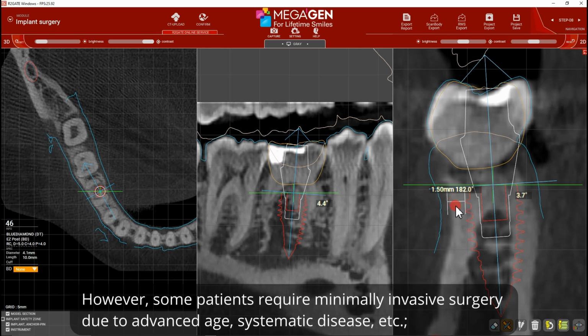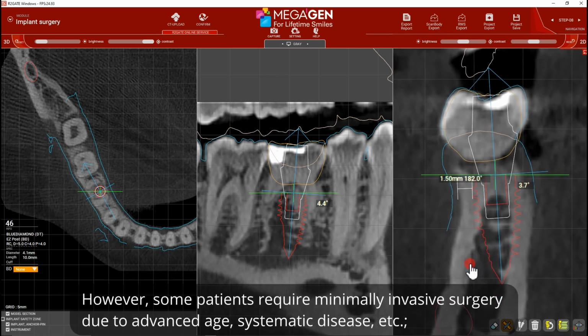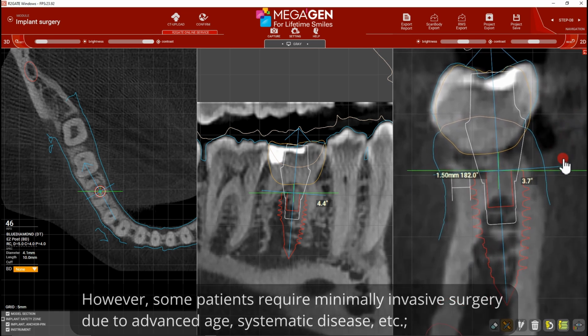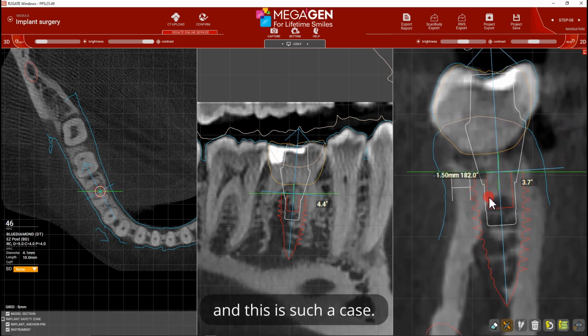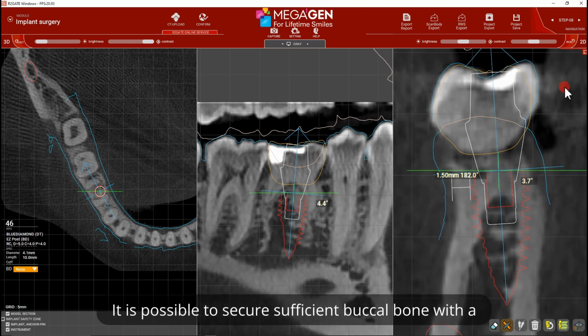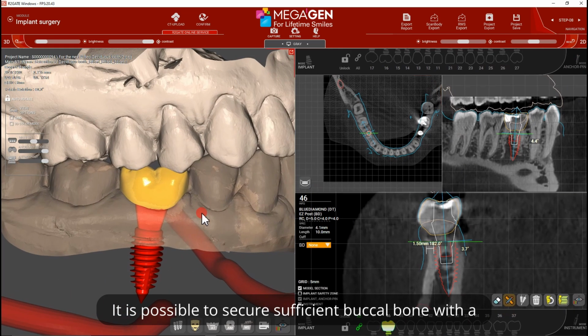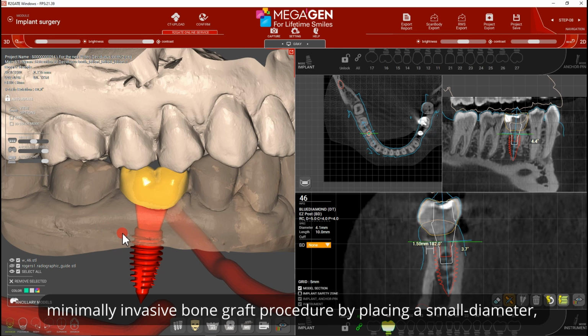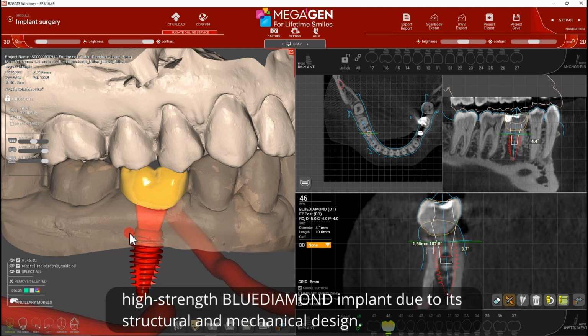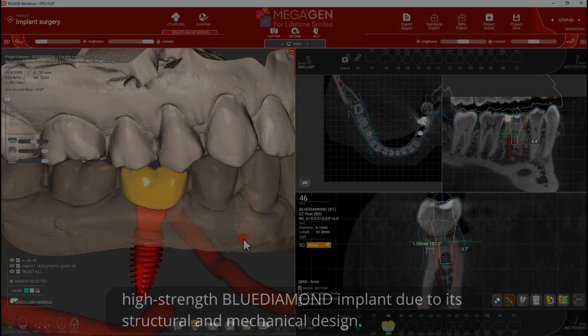However, some patients require minimally invasive surgery due to advanced age or systemic disease, etc., and this is such a case. It is possible to secure sufficient buccal bone with a minimally invasive bone graft procedure by placing a small diameter, high-strength BlueDiamond implant due to its structural and mechanical design.